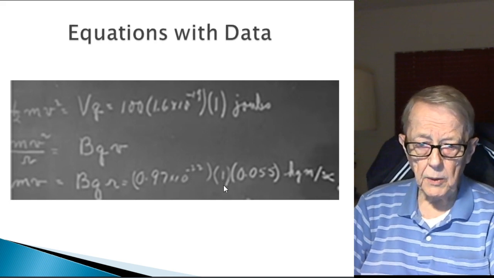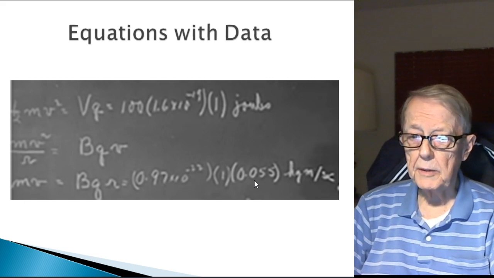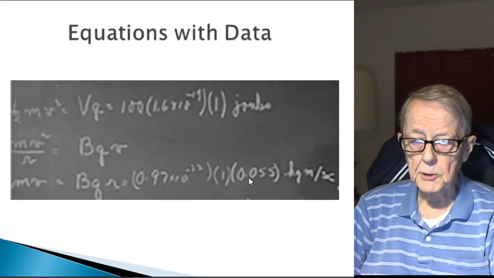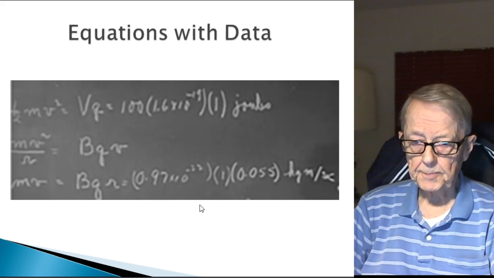And there's only one charge, and the distance they measured was 11 centimeters, and half of 11 for the radius is 0.055, and you end up with kilogram meters per second.